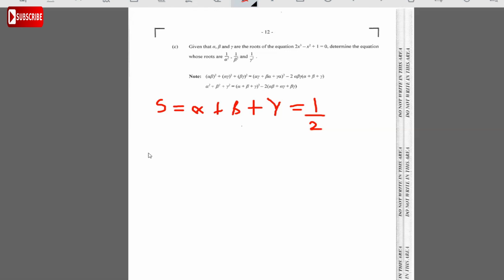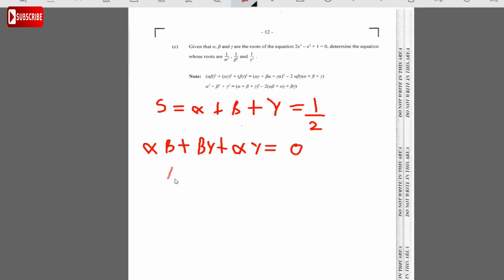Then the pairwise product, alpha times beta plus beta times gamma plus alpha times gamma, is equal to c over a, which is 0, because there is no x term.